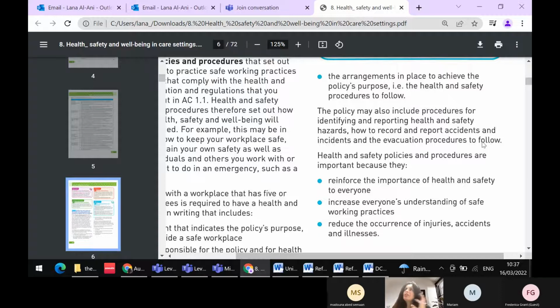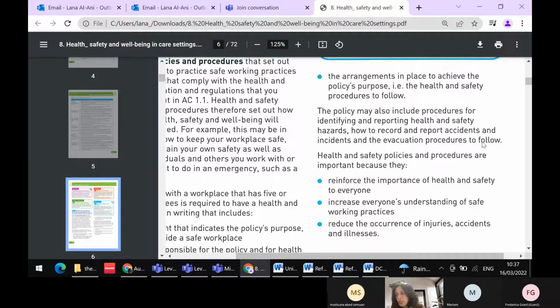So what's the difference between policy and procedure? Do we know? Policy is like rules. For example, if you work in a care home, the policy is to make sure that you do lifting properly for manual handling, and you use the right equipment at all times.